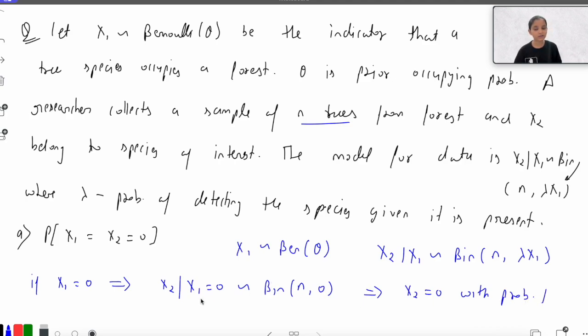Because in that case, when we are saying x1 is equal to 0, then the probability of detecting this thing, probability of success of x2 would be 0, right?